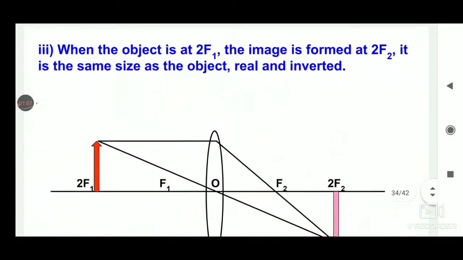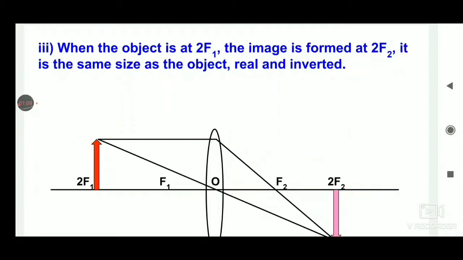In the third case, when we place the object at 2f1, the image is formed at 2f2, and the important characteristic is its size, because in this case the size of the object and the size of the image will be equal, and the nature of the image will be real and inverted.